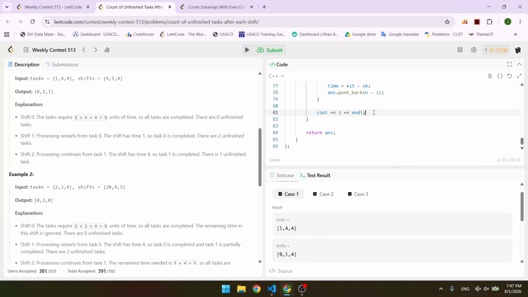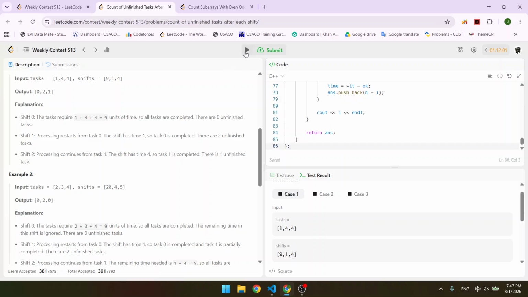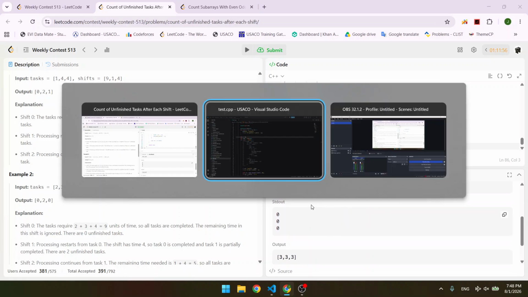1. How do we get to 1? Oh, we start over here. We start at tasks 0. 3.